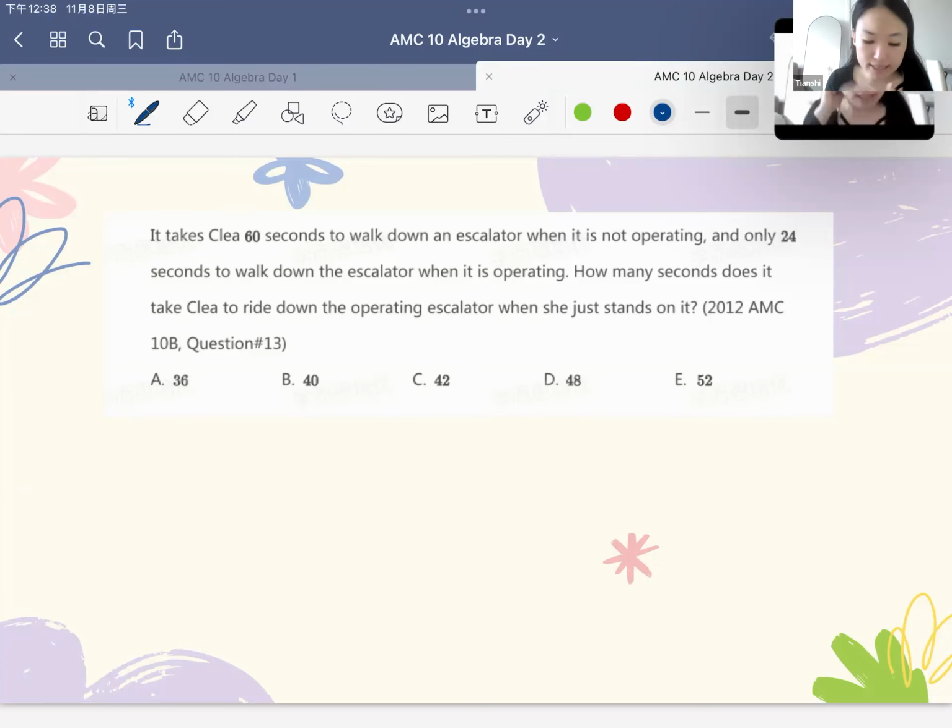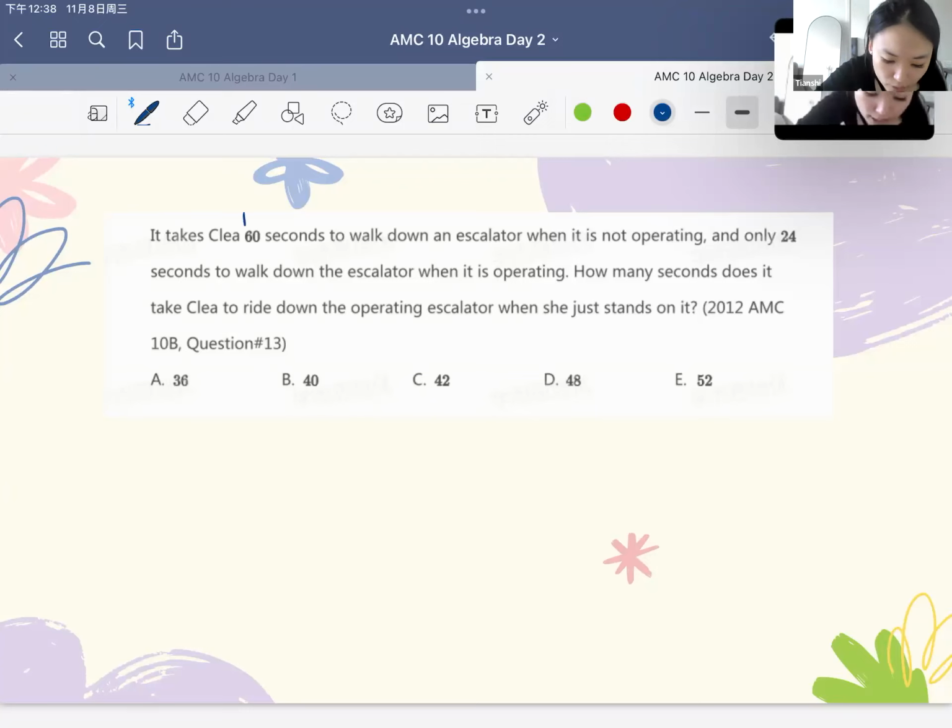It takes 60 seconds to walk down the elevator when it's not operating, and only 24 seconds to walk down the elevator when it is operating. So how many seconds does it take Clay to ride down the operating elevator when she just stands? Basically, by reading this question, you can find that there are three scenarios here.